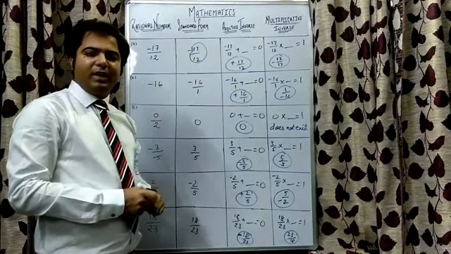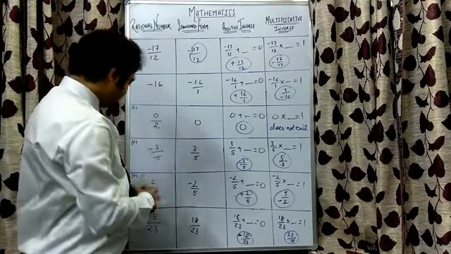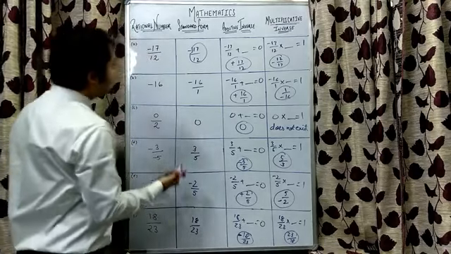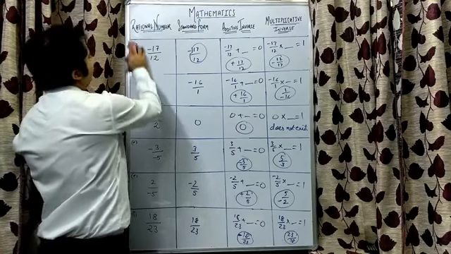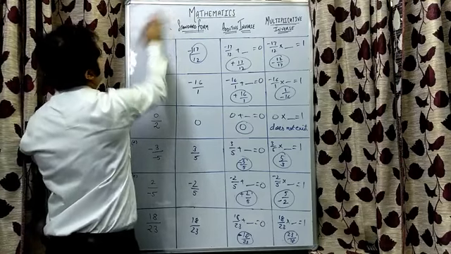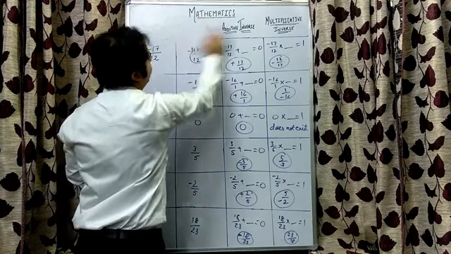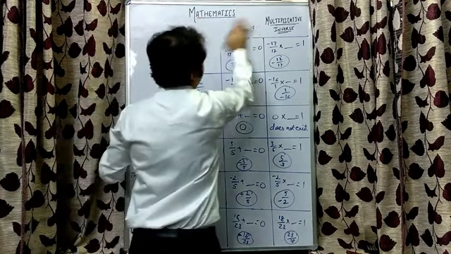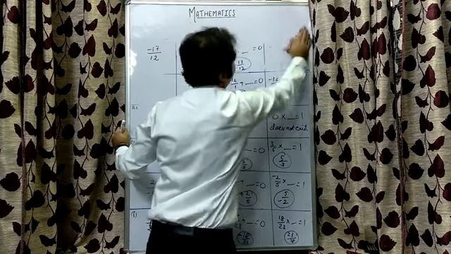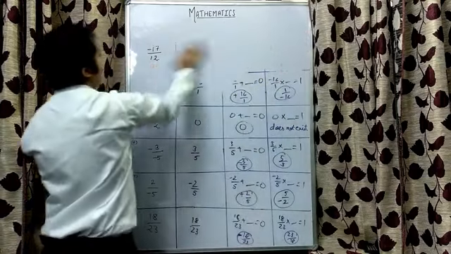After this, children, we will be covering fundamental operations on rational numbers. For fundamental operations on rational numbers, we will keep the following 3 points in mind. First point, the given rational numbers should all be in standard form.